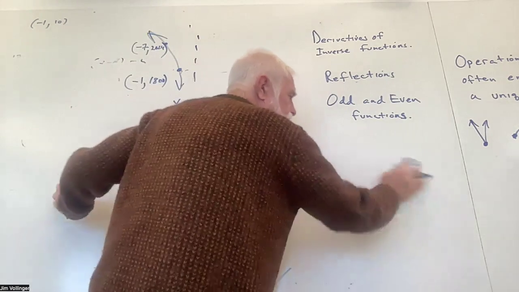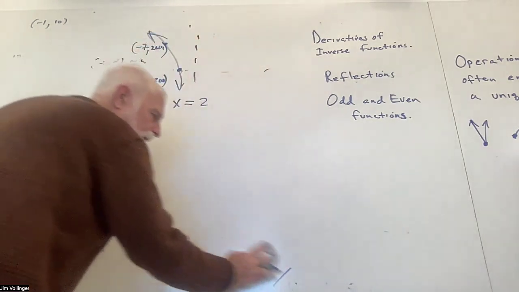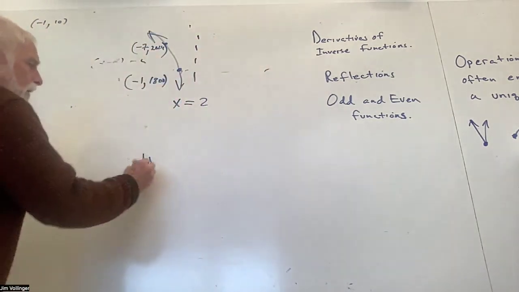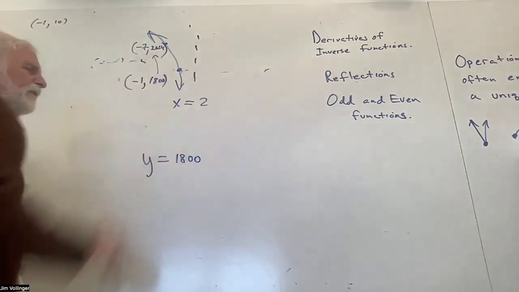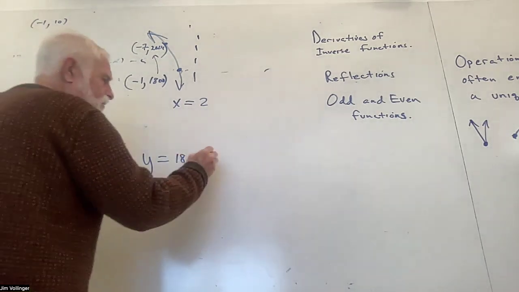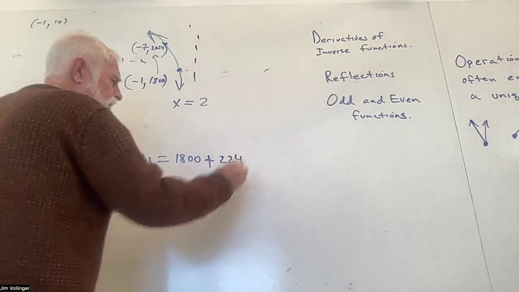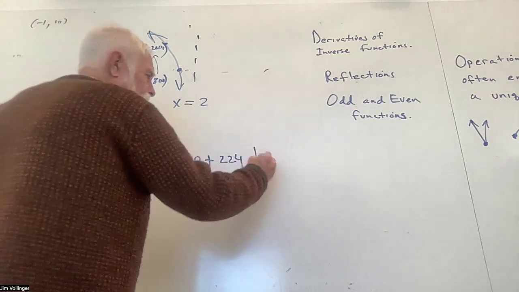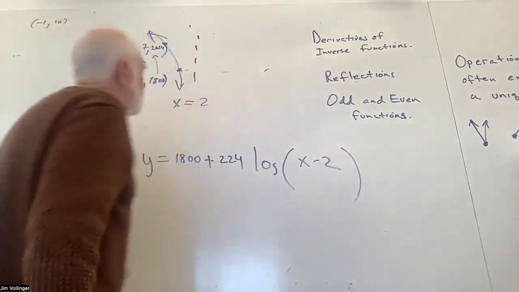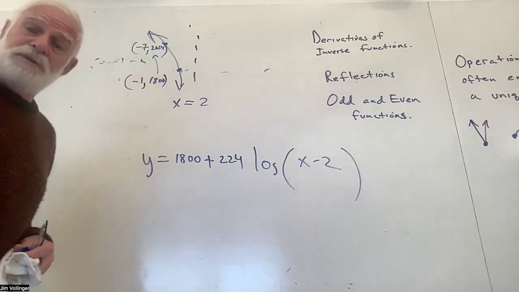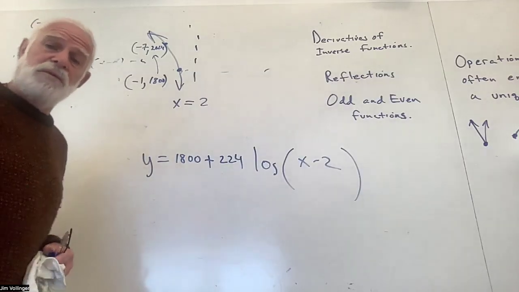It's a little easier this time to start with the y values. So I'll start with 1800 and then ask the big question, how do you get to 2024? Guess you got to go up 224 years to get there, and it's a logarithm based on 2, so x minus 2. I guess you have to have studied some logarithms at this point to follow what I'm doing.